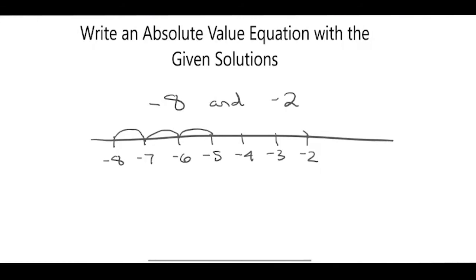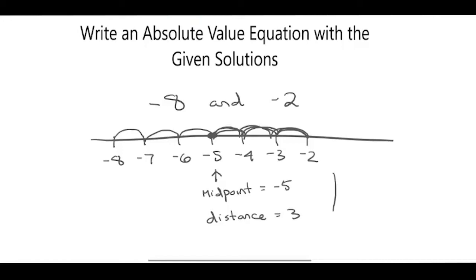And then I will go 1, 2, 3 from -2, and I'll notice that my midpoint is right here at -5. So this is my midpoint, and it is 3 places from the midpoint to the solution. So that means the distance is 3. So I have a distance equals 3, and my midpoint is -5.